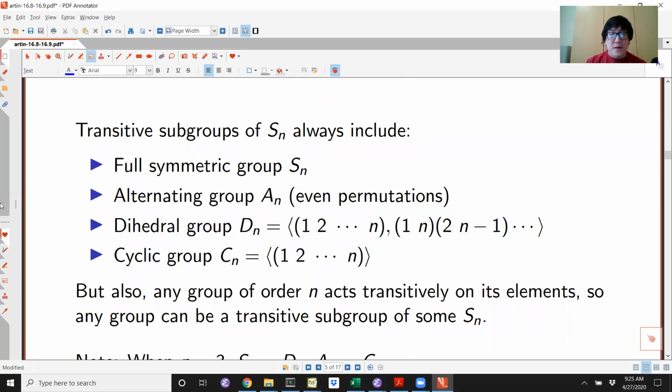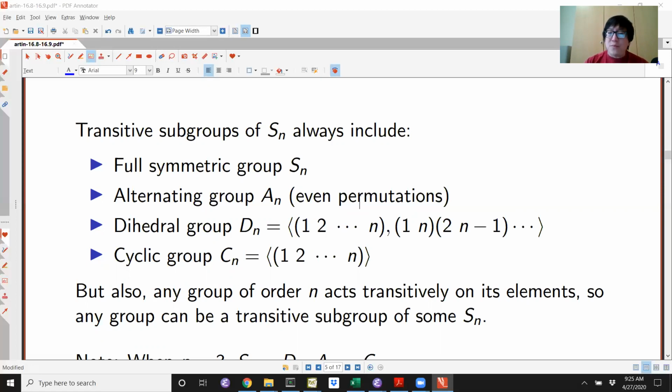Those always include the full symmetric group. Remember, transitive means that given any one point in 1 through n, it can be moved to any other point, or equivalently, by the FedEx argument, it's enough to show that you can move the object 1 to any other point. So these include the full symmetric group, because certainly it can move any point to any other point.